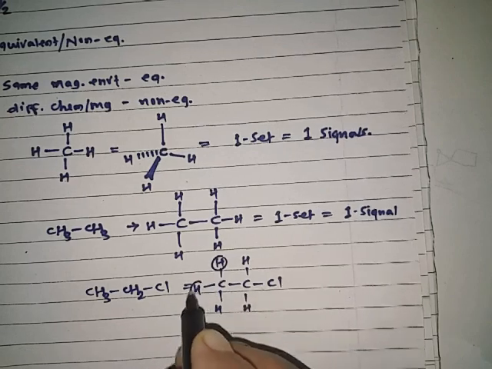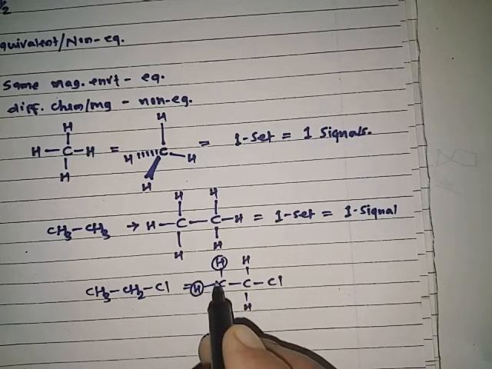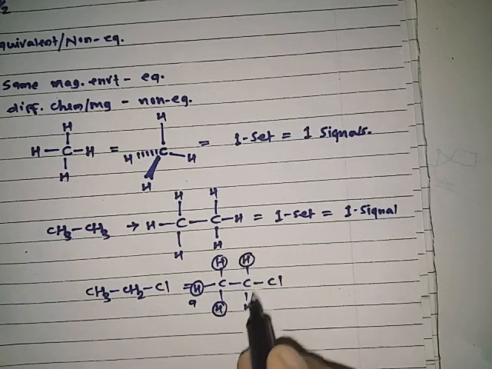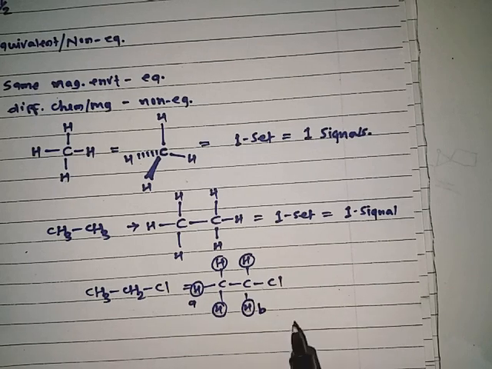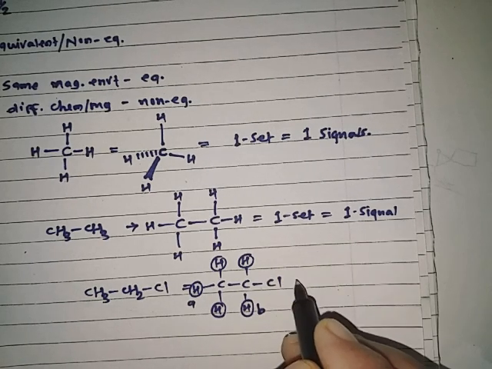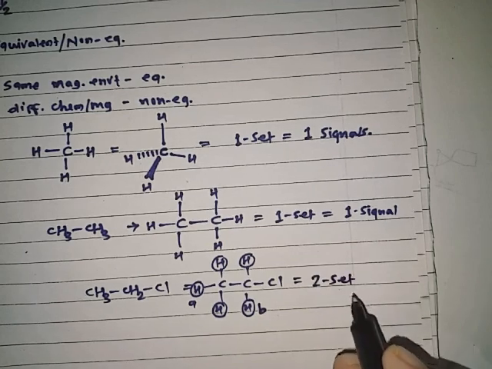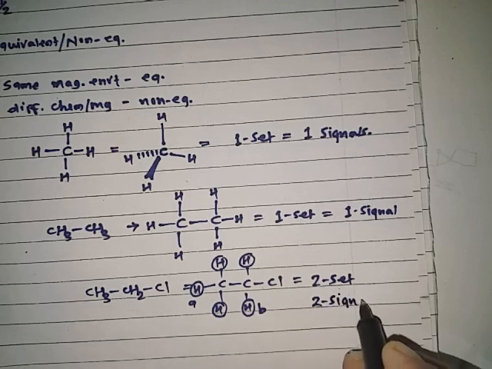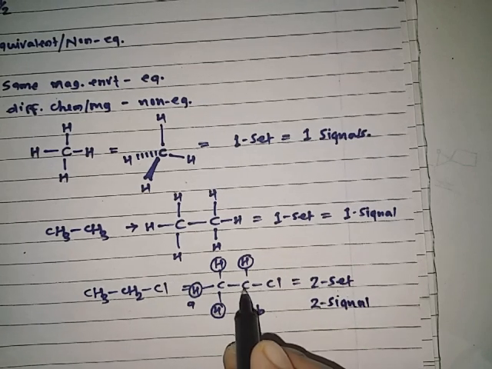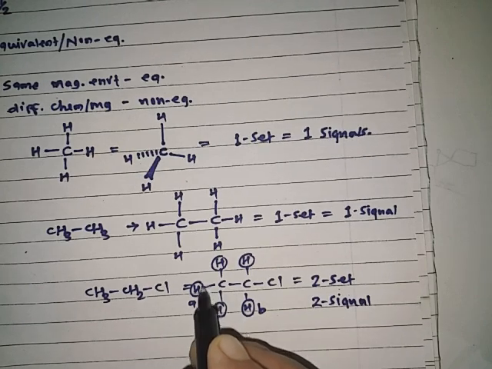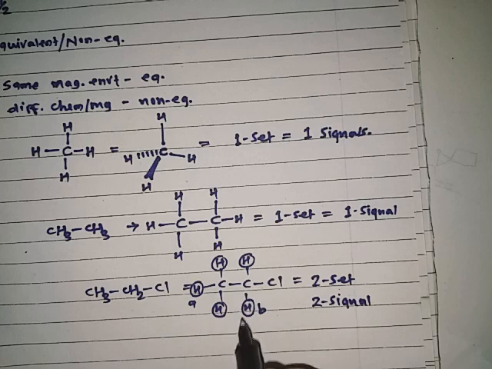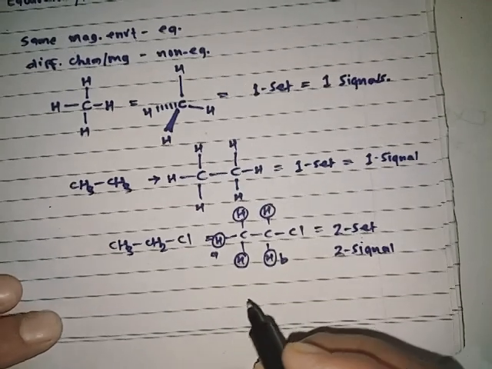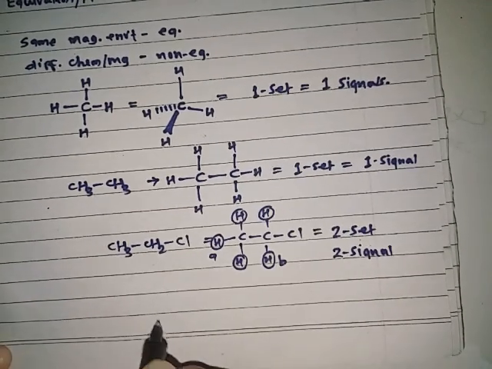So there are 2 sets of protons. If you denote these 3 protons by A set, then this set becomes B set. So there are 2 sets of protons and you will get 2 signals, because this carbon bears 3 protons and this carbon bears 2 protons. In this way you can predict the number of signals.